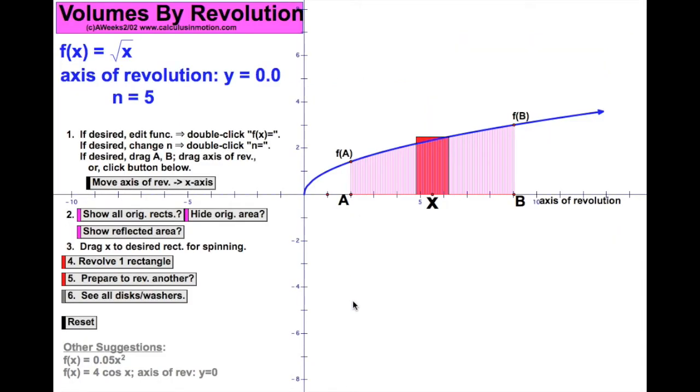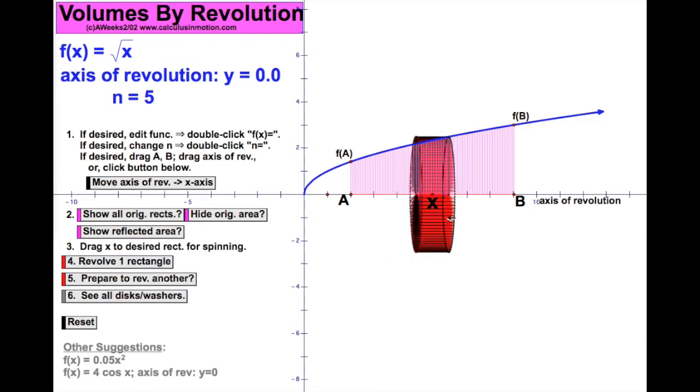So this is an animation that's going to show us volumes of revolution. Here we have one rectangle, and we're going to see what happens to that rectangle when we rotate about the x-axis. As it rotates about the x-axis, it creates a cylinder.